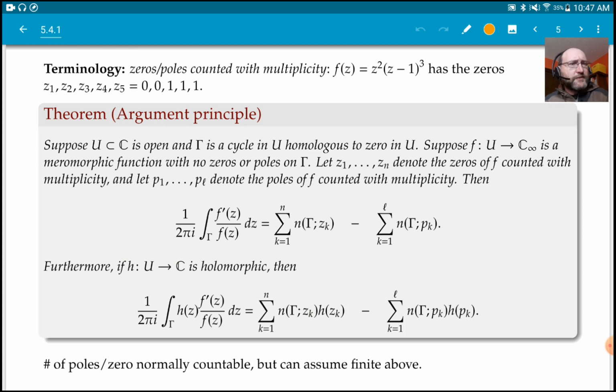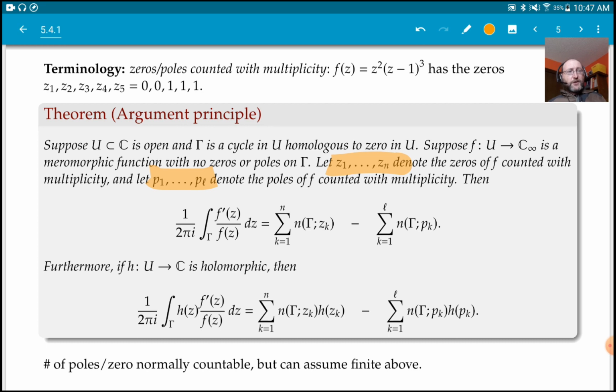Now, just a small remark. We did say finitely many here. Really, a priori, you could have countably many. I mean, there are discrete points, so there's going to be countably many zeros or poles. But the thing is that gamma, since it's homologous to zero, doesn't wind around anything outside of U, so it's not going to wind around anything near the boundary.